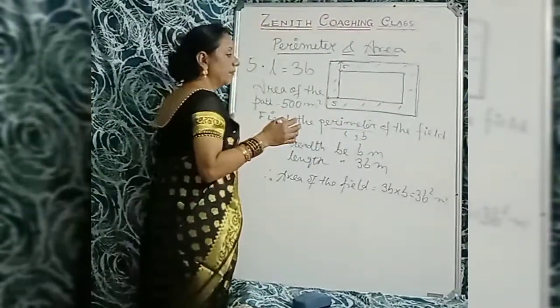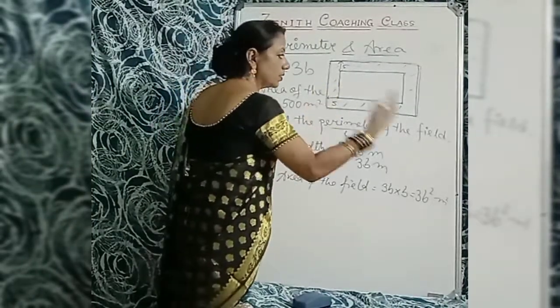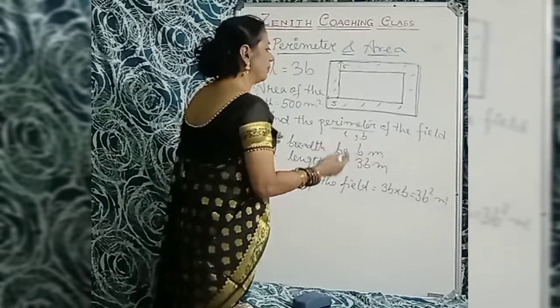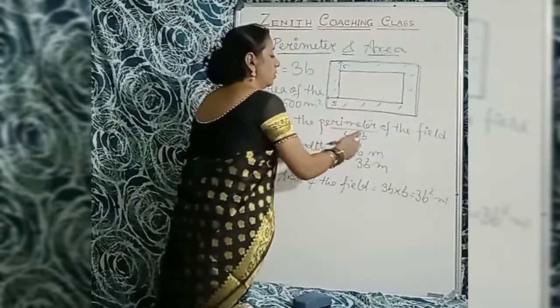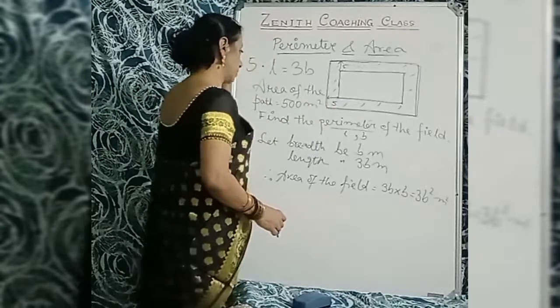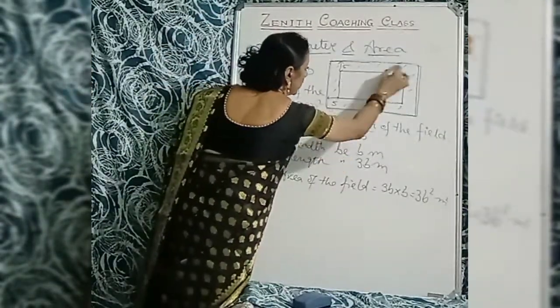Okay. Now in the previous sum, you just learned that the path was outside the lawn, but this time the path is inside the lawn. So here is a path of width 5 meters. Okay. So here is length.